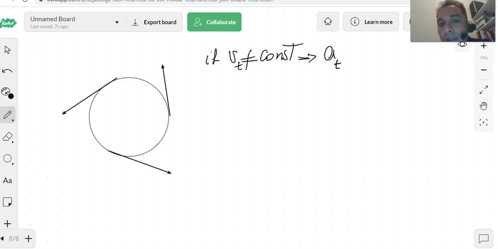What is AT? It's here. It's tangent acceleration.